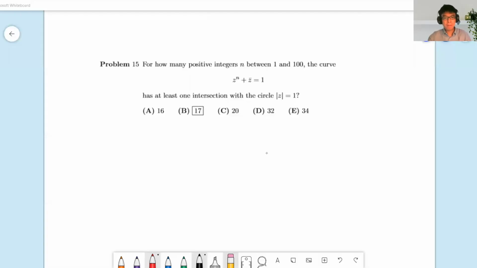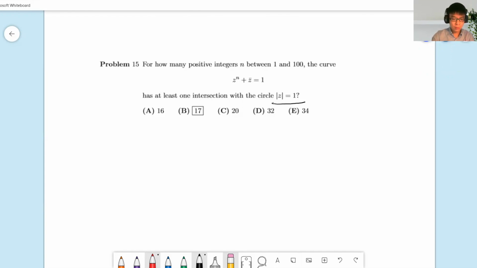Question 15. For how many positive integers between 1 and 100, the following curve has at least one intersection with the circle, unit circle. So in other words, for how many complex number with modulus 1 satisfying this equation?